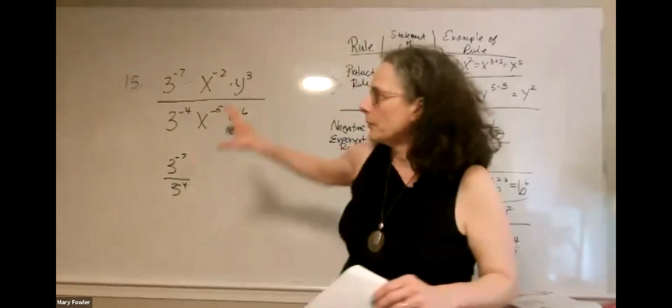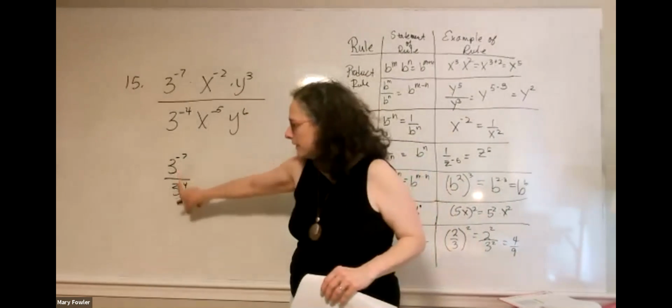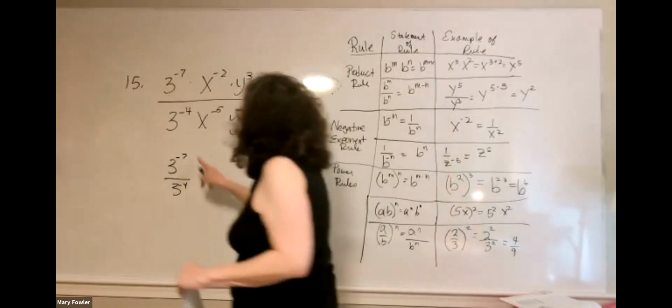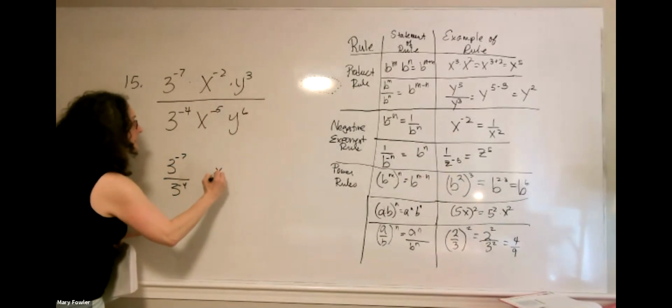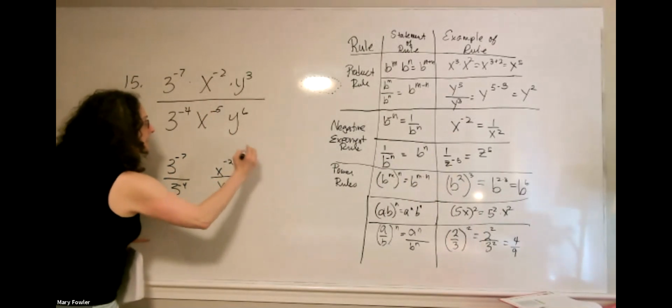So when we have big problems, we break it up into small problems that we can think about one little bucket at a time. Okay, so we have the numbers, and here are the X's, and here are the Y's.